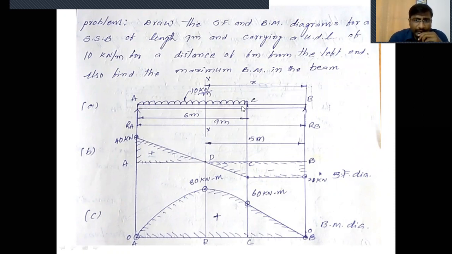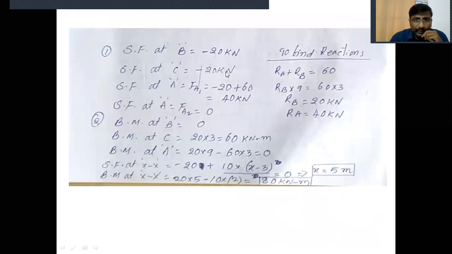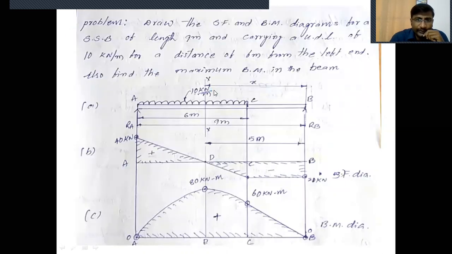Okay, students. Then after C, beyond the C point, what is the shear force? Then we can write the shear force at point C. What is the shear force at point C? It is minus 20. Up to point C, it is continuous minus 20. Then shear force at A. How to write the shear force at this point?